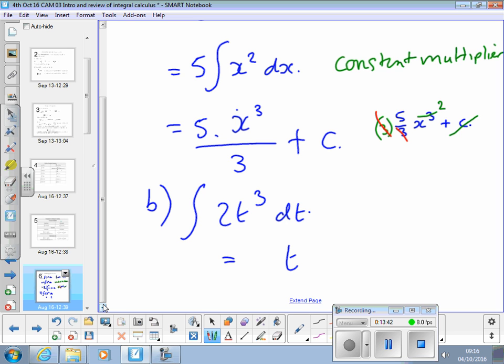What did I do up there with the index? Yeah, so increase the power by 1, divide by the new power, and we've got to multiply by the constant in front. And lastly, plus c, constant of integration.